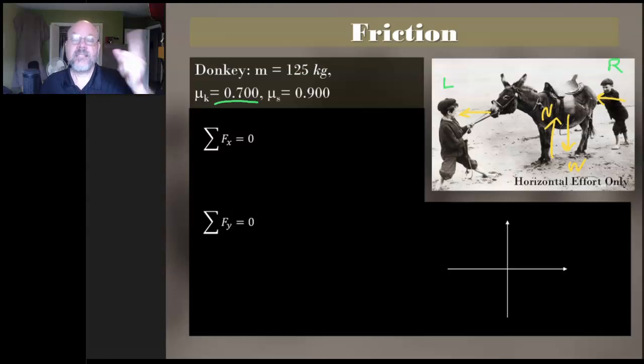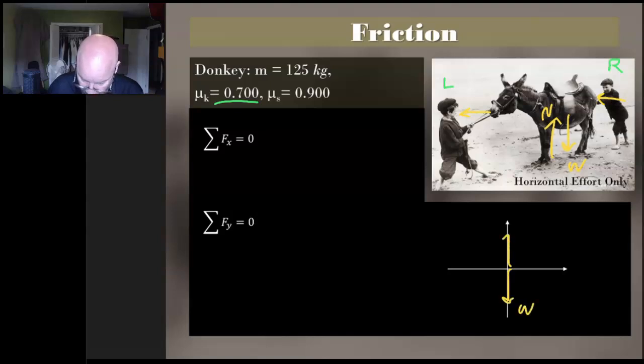Remember, step 1 in our recipe is identify those forces. Step 2 is we put them onto our free body diagram. So we're going to have weight here, the normal force, the force from Larry, the force from Roger, assuming they're the same.